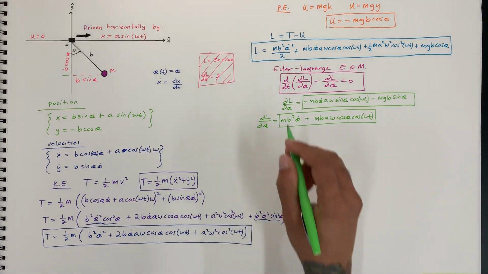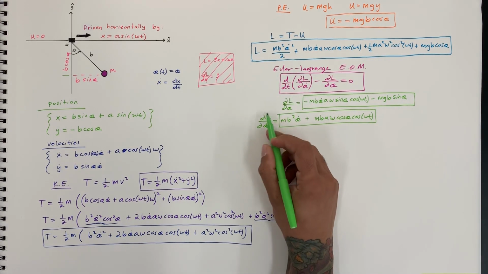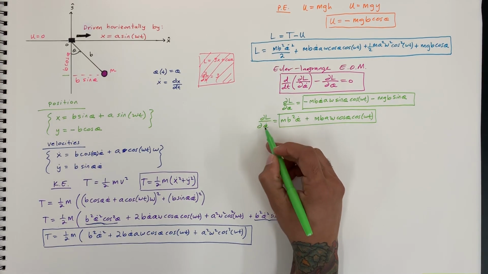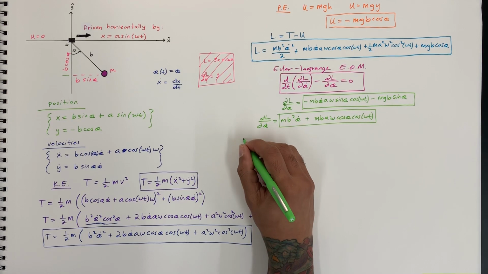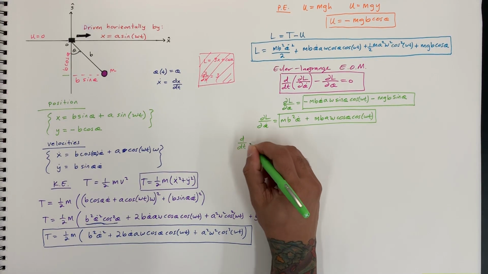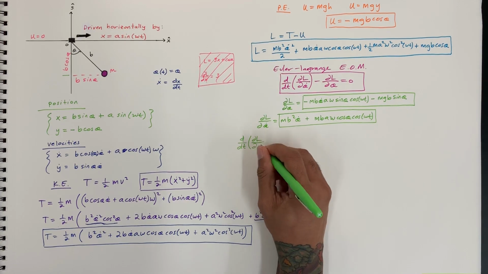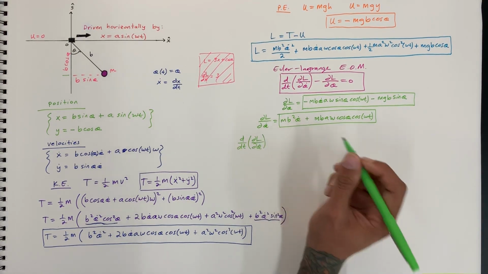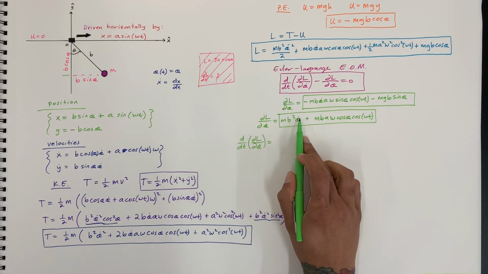Now the next part, which is taking the derivative with respect to time of the partial of the Lagrangian over the partial of theta dot, is the tricky part. So let's look at that. So the derivative with respect to time of the partial of the Lagrangian over the partial of theta dot. Okay, for this first term here, it's simple.